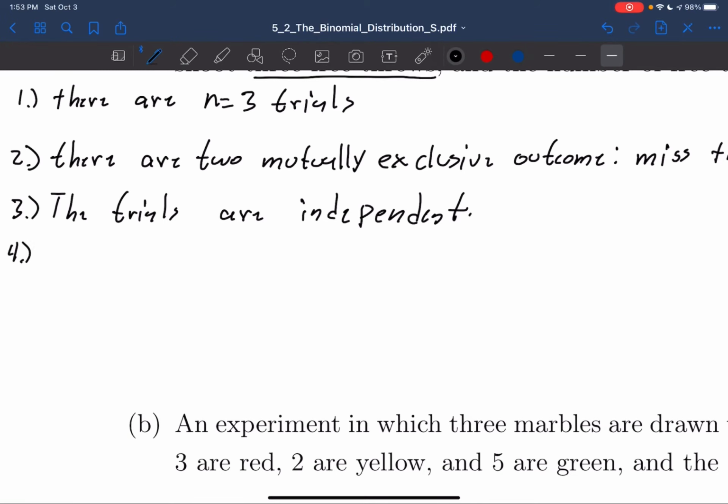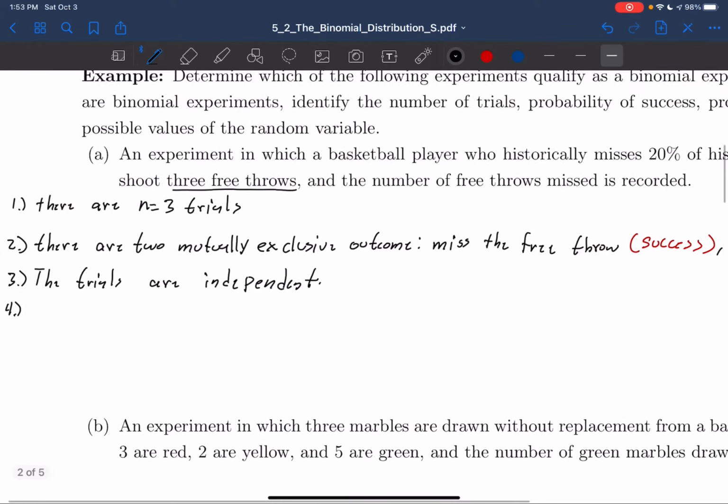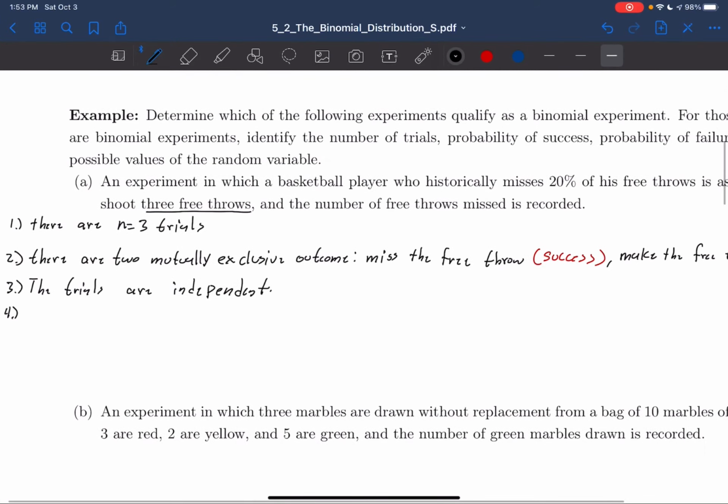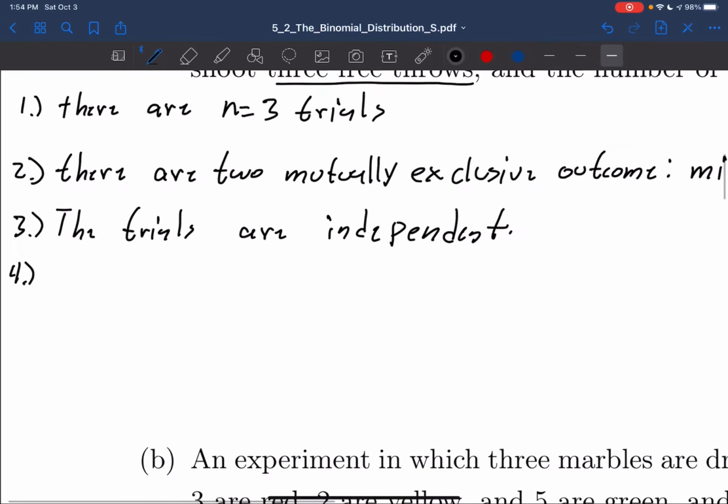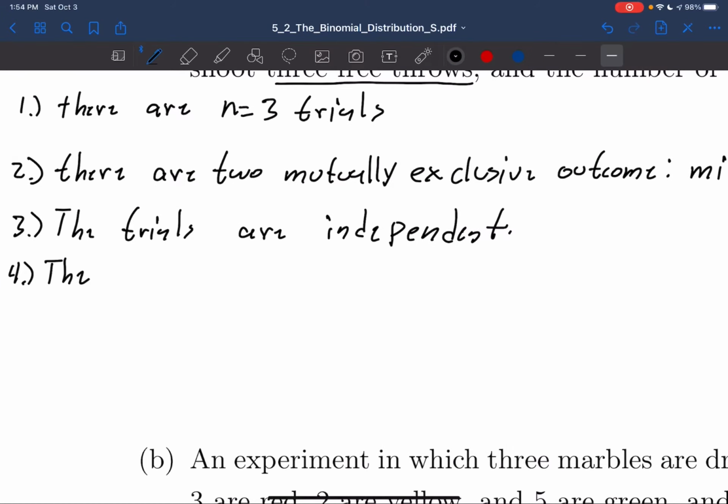Number 4, you want to see if there's a probability of success. Here, we know that this basketball player historically missed 20% of his free throws. So we actually know the value of the probability of success here. So here, the probability of success is 0.2.